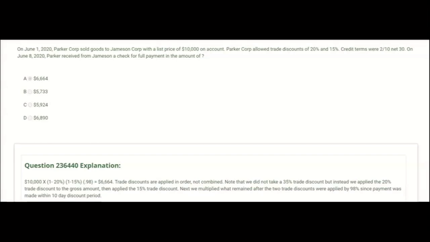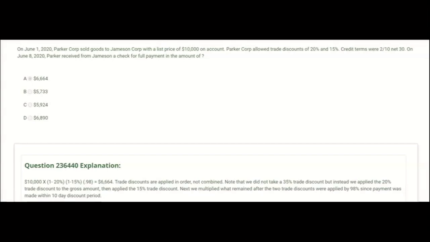Well, trade discounts are applied first, and they're applied in order. They're not combined, so we don't take a 35% trade discount even though we have trade discounts of 20 and 15%. Instead, watch what we do. We apply the 20% trade discount first, 10,000 times 80%, and that's $8,000. And then we take that figure, 8,000, and we multiply times 1 minus 15%.